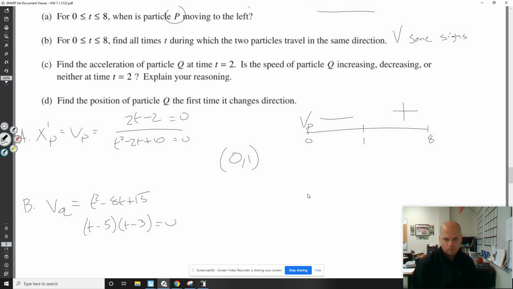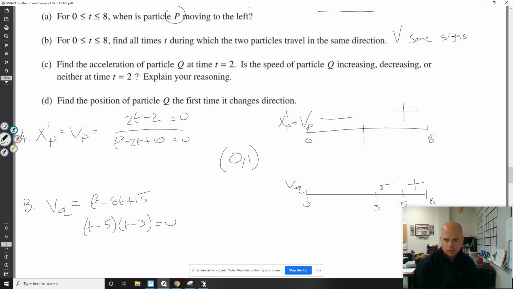And then I only am looking at this between 0 and 8 again. This is the velocity of particle Q. This is x prime, but this was just given to us. We got 3 and 5, which are both to the right of 1, so be careful.